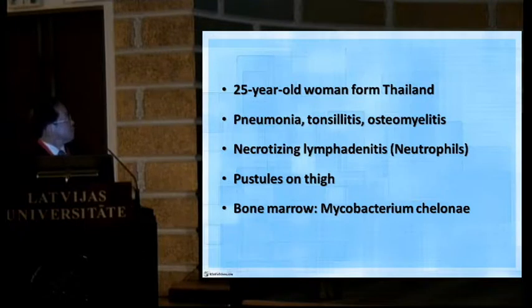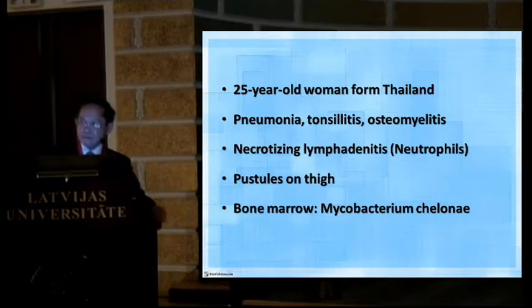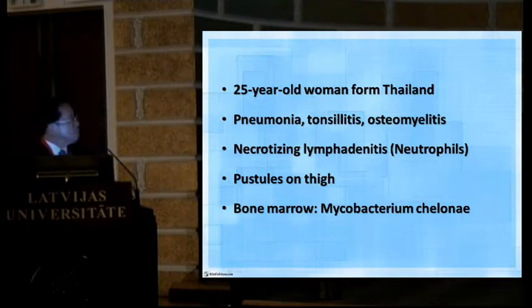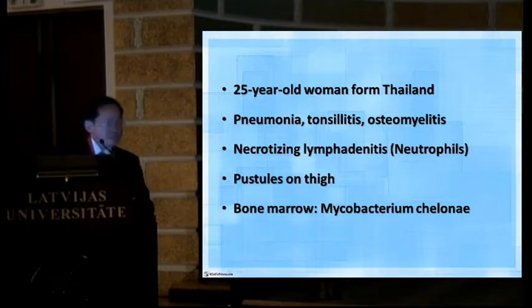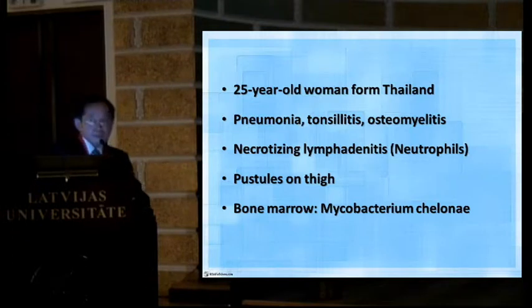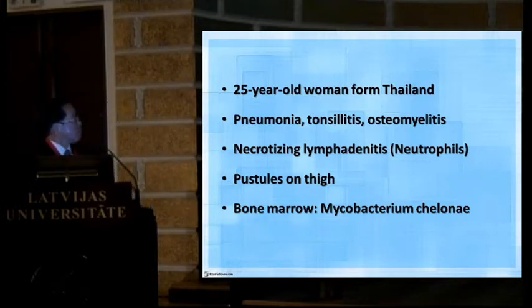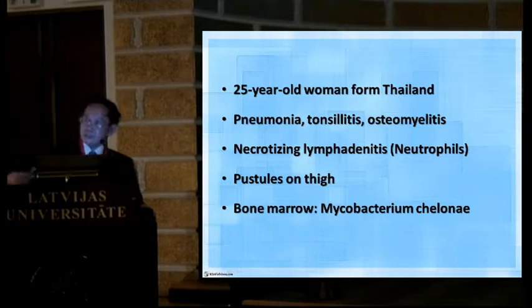It shows neutrophilic predominance, called necrotizing lymphadenitis. And for the skin lesion, she did have multiple pustular lesions on the thighs. And finally, they did a bone marrow aspiration, and the culture grew Mycobacterium kansasii. So this was an ordinary non-tuberculous Mycobacterium infection.